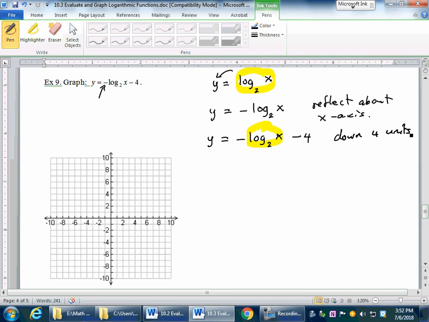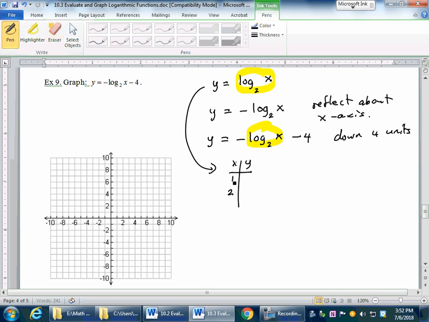So now, to get my parent graph, I'm going to use those two points for log base 2 of x.